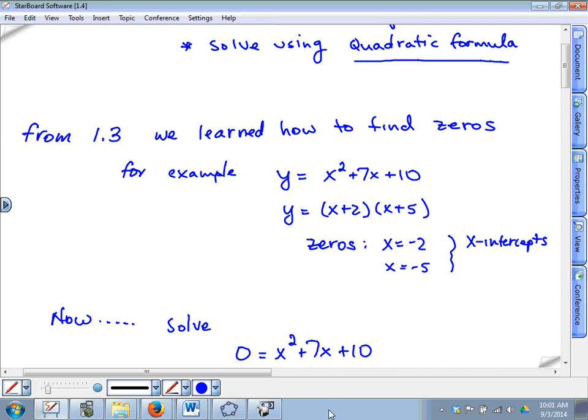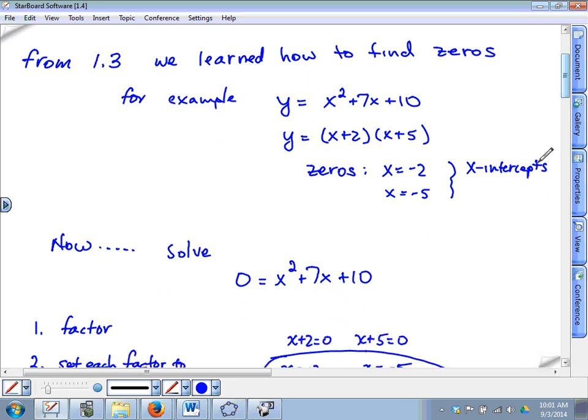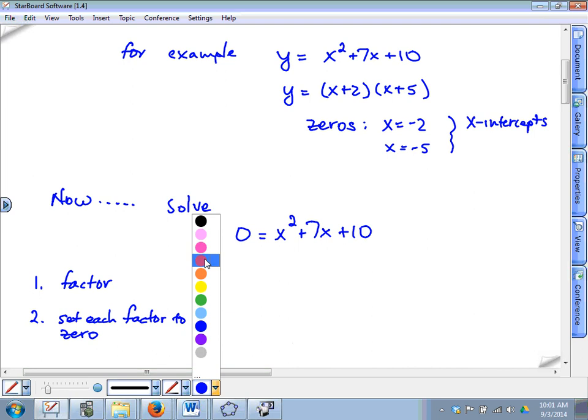Guess what the first step is? It's essentially the same thing as finding the zeros. And what's the first step of finding zeros? Factor. So let's factor this. Again, the method: whatever's in front of x squared, which in this case is 1, you multiply that by the last number. 1 times 10 is 10.